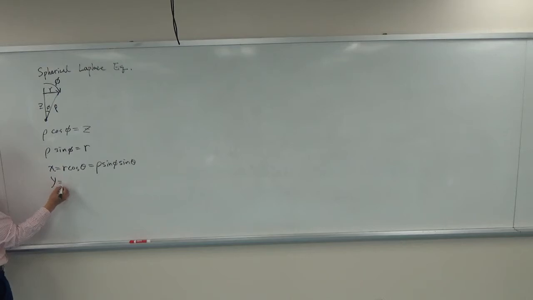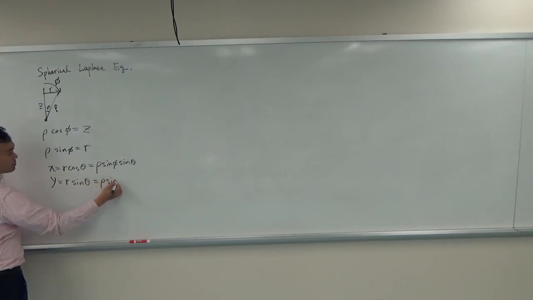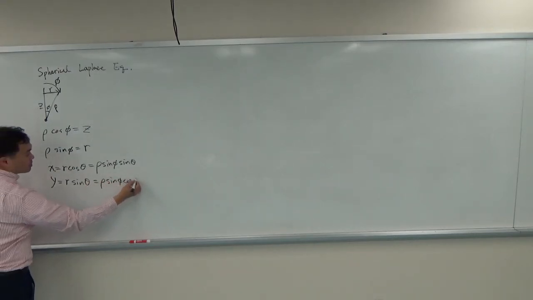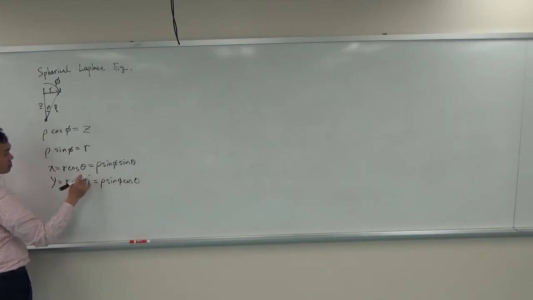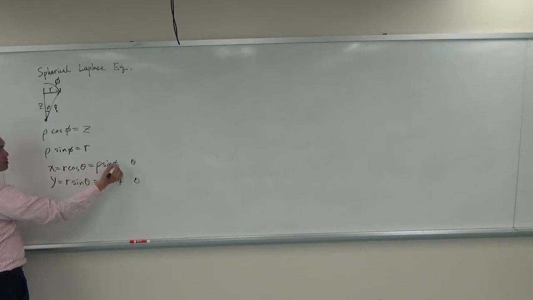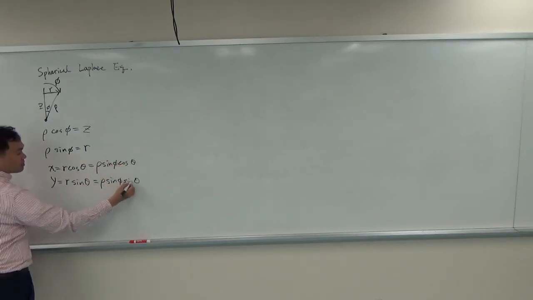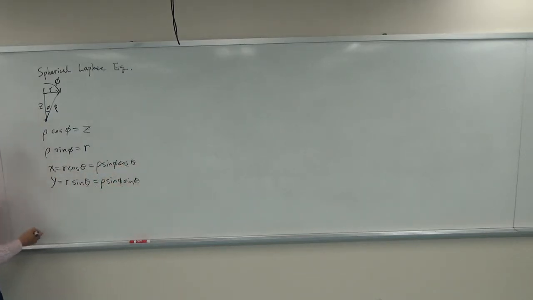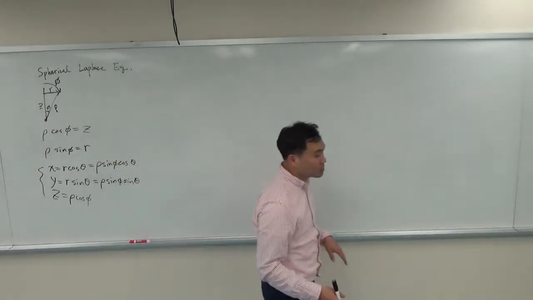And then y is r sine theta, so it's rho sine phi sine theta. So with this one as the last one, this is what we call the spherical coordinate system.